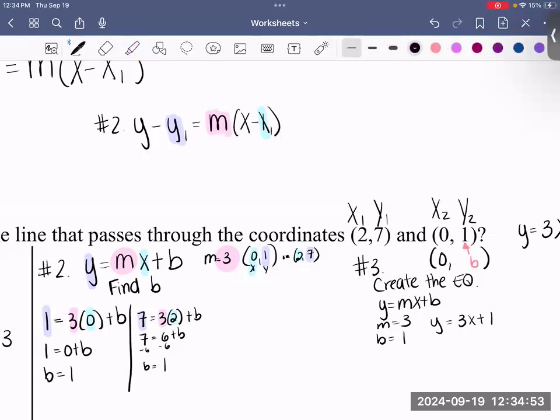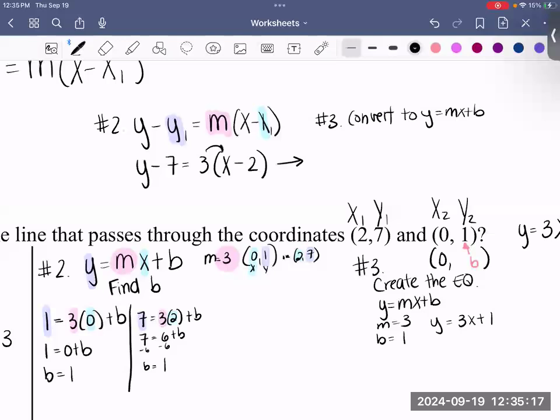So if we wanted to use (2, 7), we have y minus 7 is equal to 3 times x minus 2. We can then convert. So step number 3 would be to convert to y equals mx plus b.